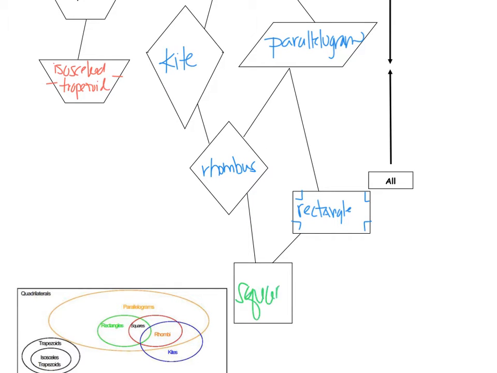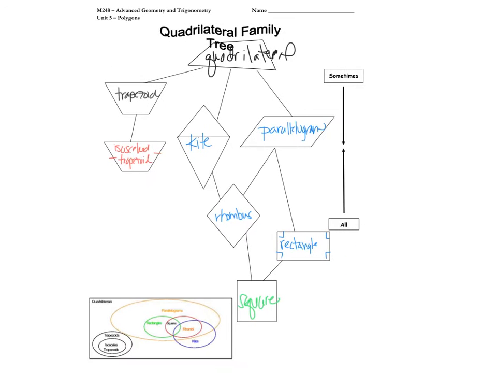Okay. So you're going to be asked a series of questions like which properties apply to which quadrilateral, and then these always, sometimes, never questions. So if you notice on the right side, we have this chart that says sometimes and then all.